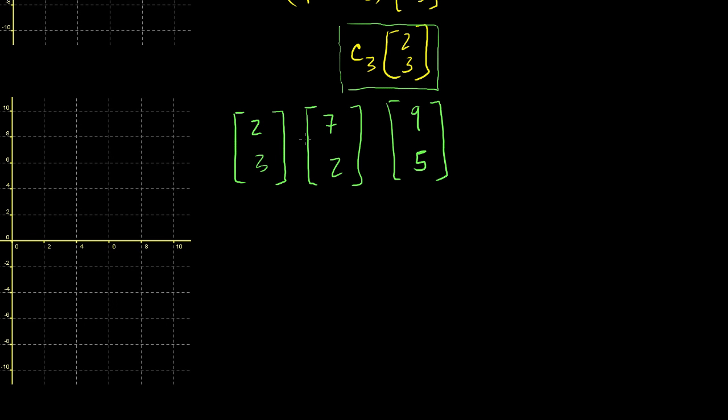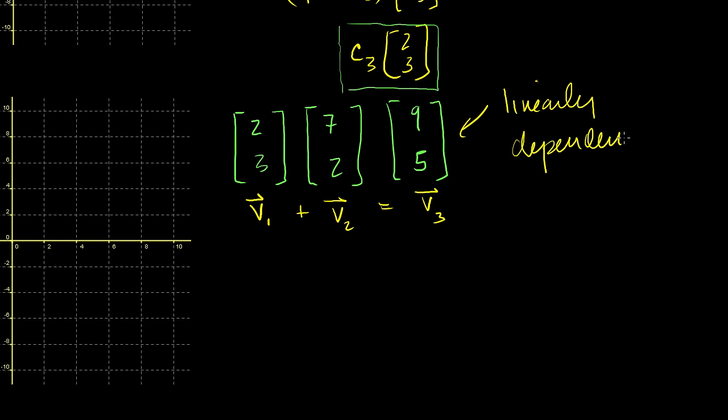Maybe they're linearly independent. But then if you inspect them, you see that if we call this v1 and this vector 2, v1 plus v2 is equal to vector 3. So vector 3 is a linear combination of these other 2 vectors. So this is a linearly dependent set.